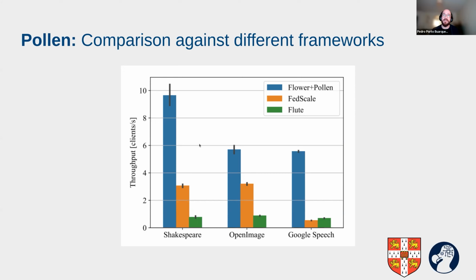So you can see here that if you use Flower plus Pollen, you can have up to a 3 to 5 times increase in the throughput. So your experiment will be faster 3 to 5 times just by using a smart way to assign virtual clients to different hardware.